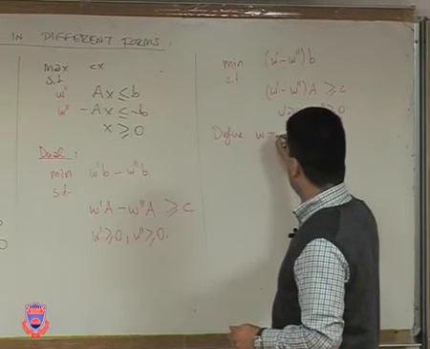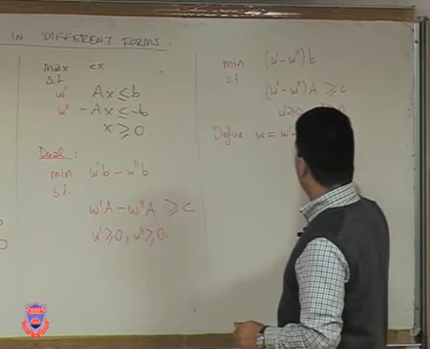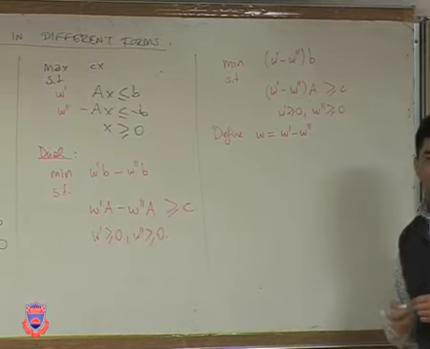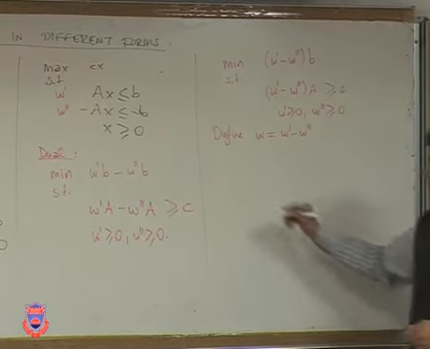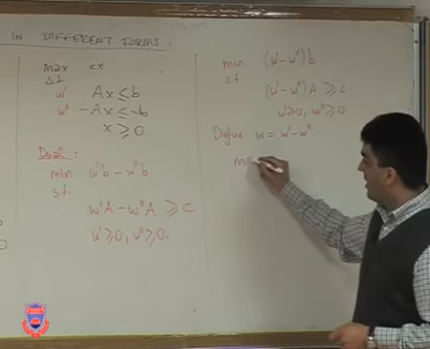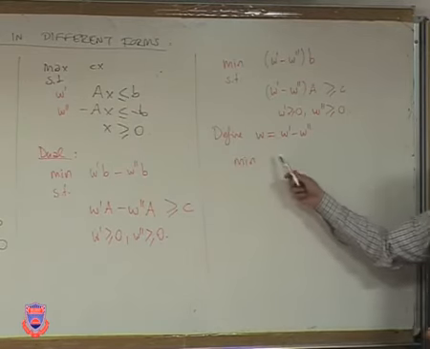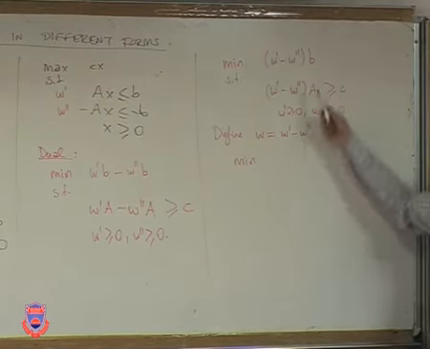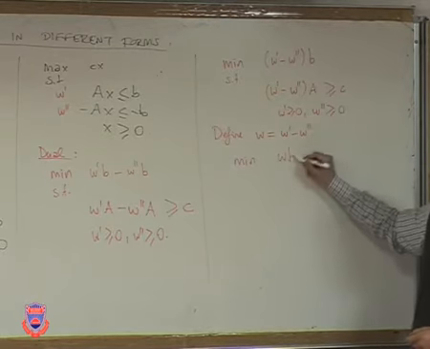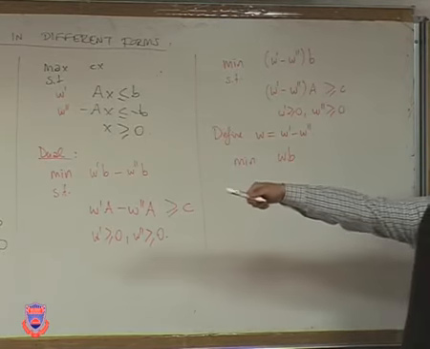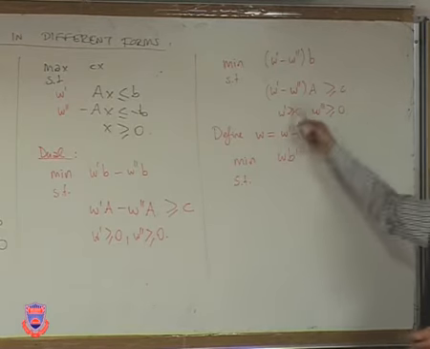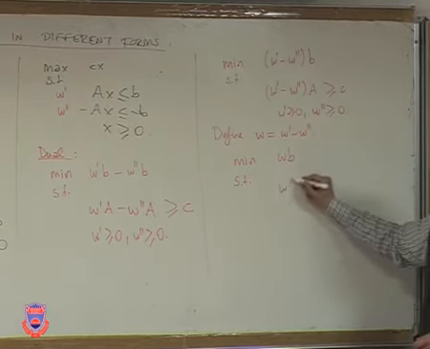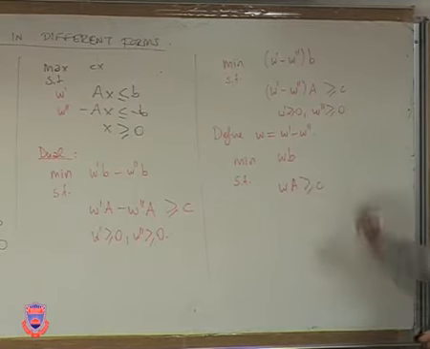I'm going to call it W. And W is exactly the difference of W prime and W double prime. So with this definition, I can rewrite the objective function as follows. What's the new objective function now? It's going to be just WB, basically, which is the same as that objective function. Okay? Subject to, what about the constraints? WA is greater than or equal to C, basically.